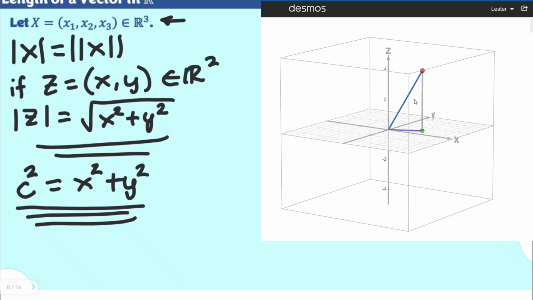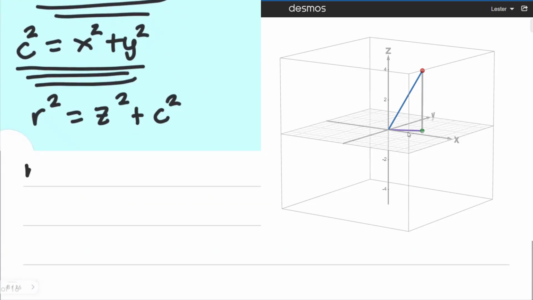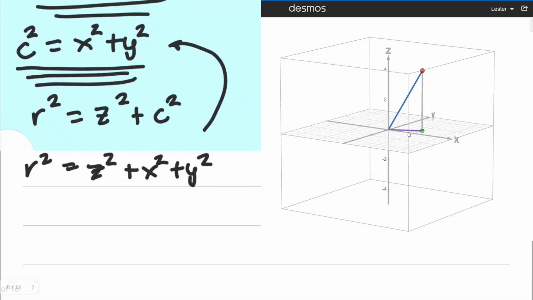Let's call this r squared, is the sum of the squares of this one here, which corresponds to the z component of your vector, z squared, plus your purple colored one here, which was your c squared. And we know that our c squared is actually equivalent to x squared plus y squared, previously shown here.